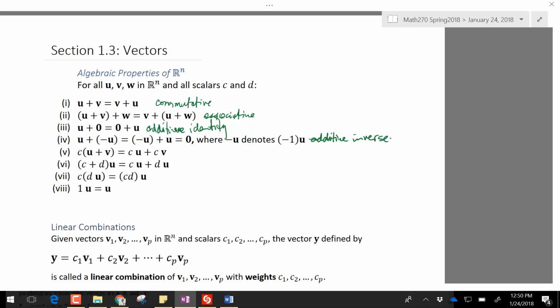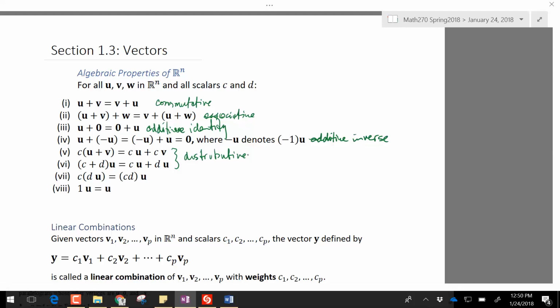And then now we introduce the idea of the scalar multiplication and the addition, and we have the scalar is distributive, and the distribution kind of goes both ways with scalars and with the vectors.